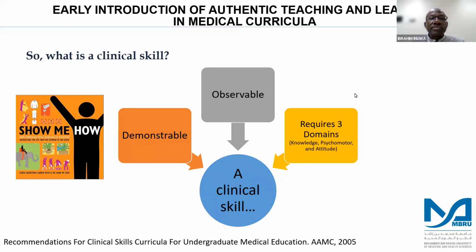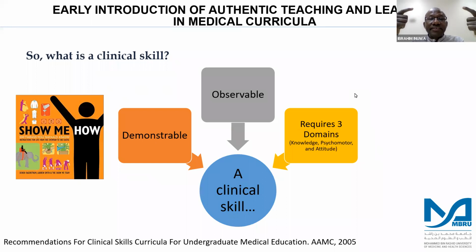In other words, you need to be able to demonstrate, to show how. And with demonstration comes that it needs to be observed. Somebody needs to look at it, to make sure that it's done correctly. And thirdly, largely, if any activity is a skill, it requires using more than one domain of learning. In other words, not only are you going to show, but you'll be thinking as you do that.